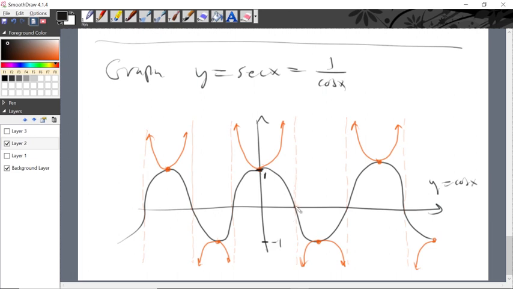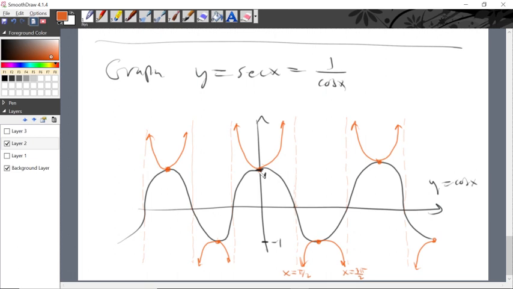The first vertical asymptote would be at x equals pi over 2, and then the next one would be at 3 pi over 2.